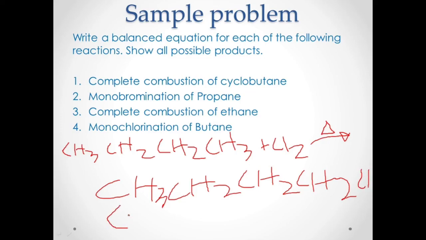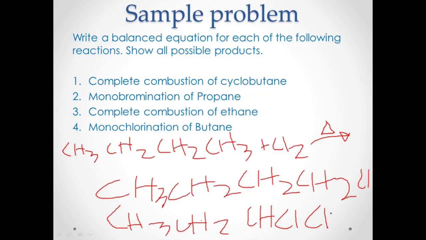Then you have also 2-chlorobutane. In this case, you can write your chlorine here or in this portion here. It's just the same as writing your chlorine there, because that is the same name, 2-chlorobutane.